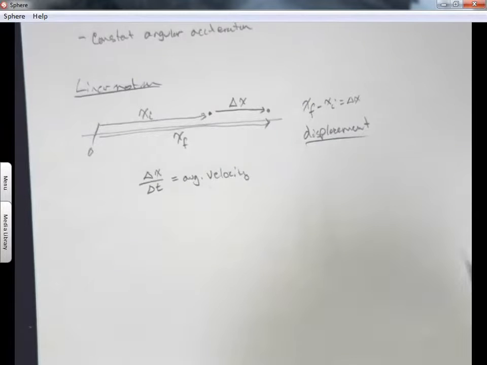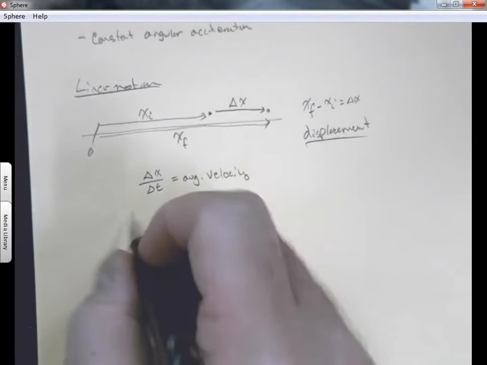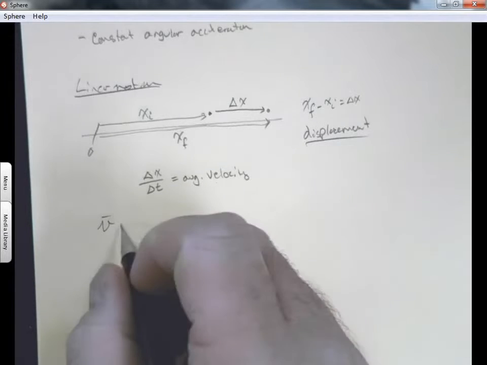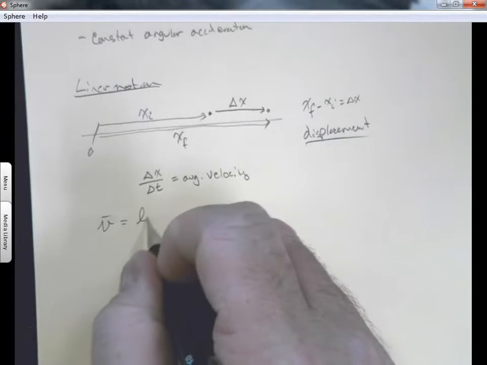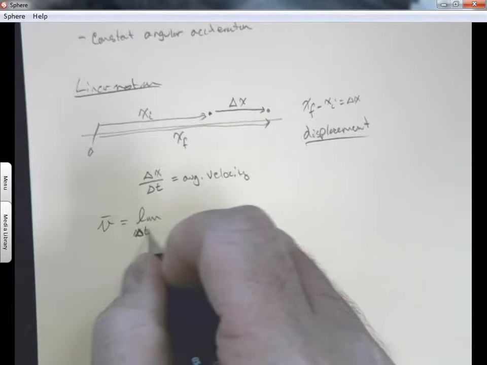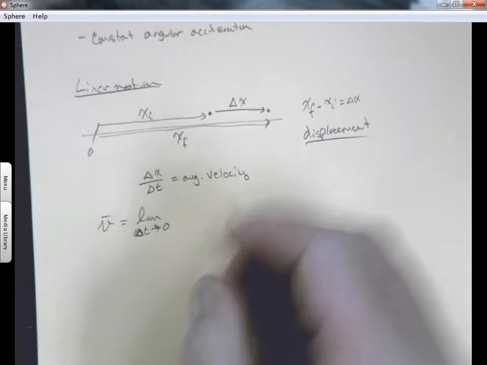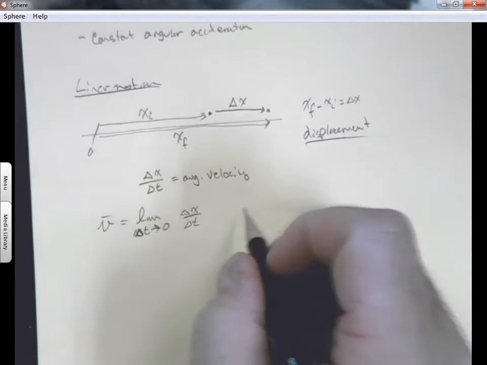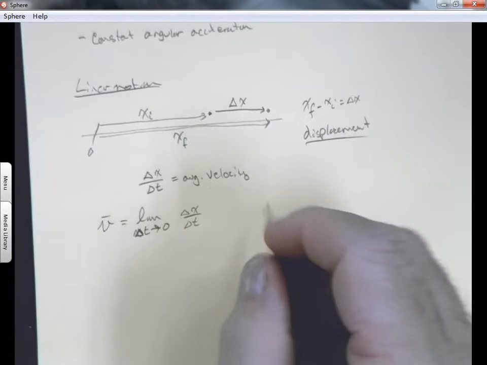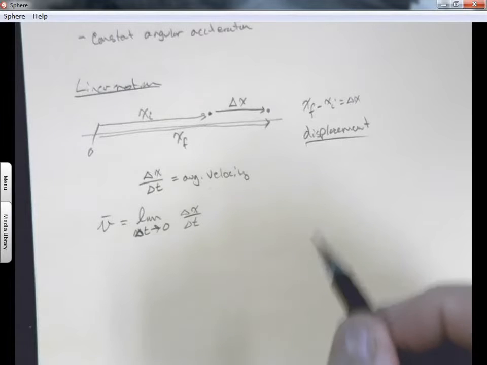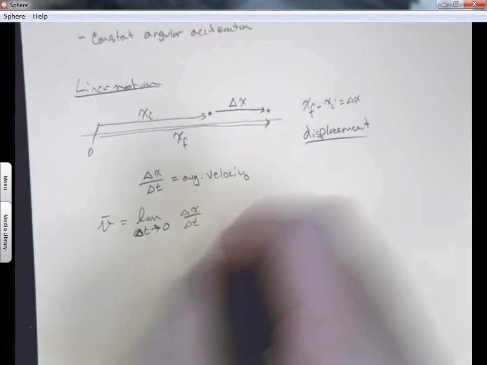Now, we can take our average velocity, which we write with a bar over the top, and if we take the limit of this as delta t approaches 0 of delta x over delta t, we get the instantaneous rate of position divided by time.